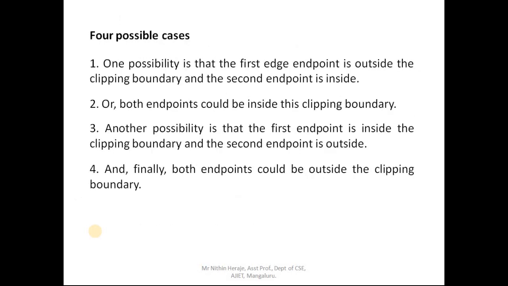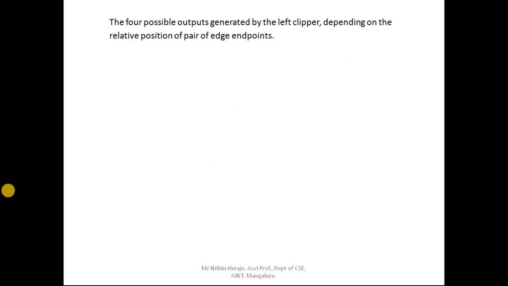There are totally 4 possible cases. One possibility is that the first end point is outside the clipping boundary and the second end point is inside. First end point is outside and second end point is inside.